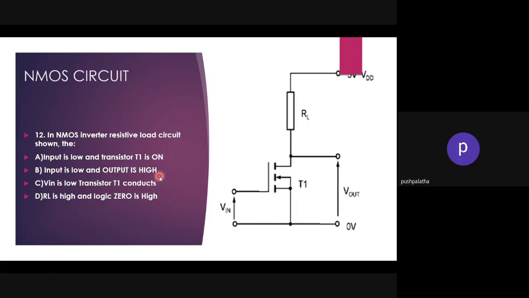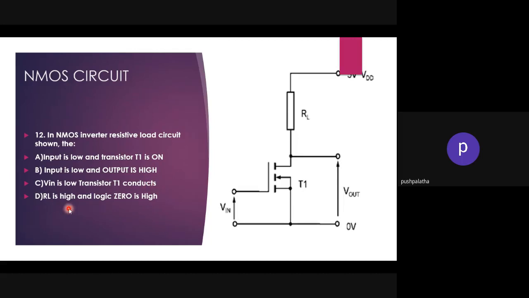The transistor will conduct when VGS is greater than or equal to VTH. One is in the triode and the other one is in the saturation region. Transistor T1 conducts means it is in saturation, on means it will go into the triode region. So these two statements are actually false.